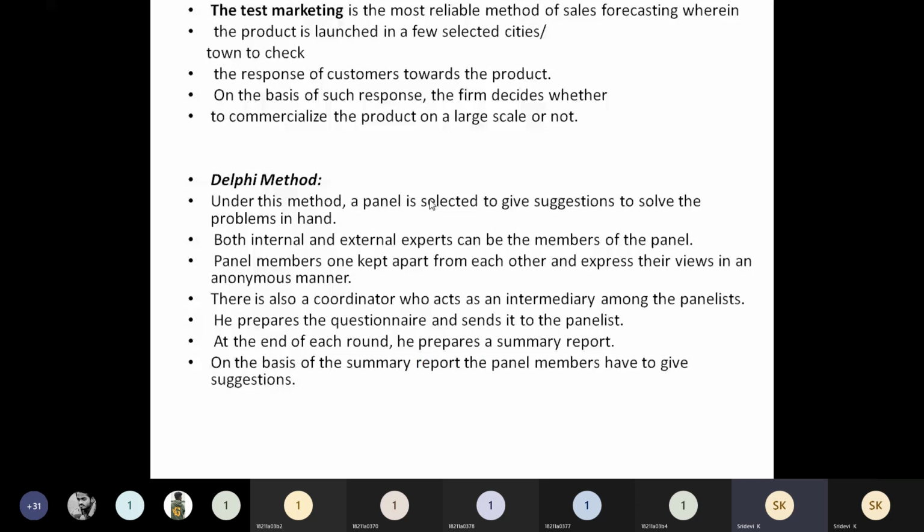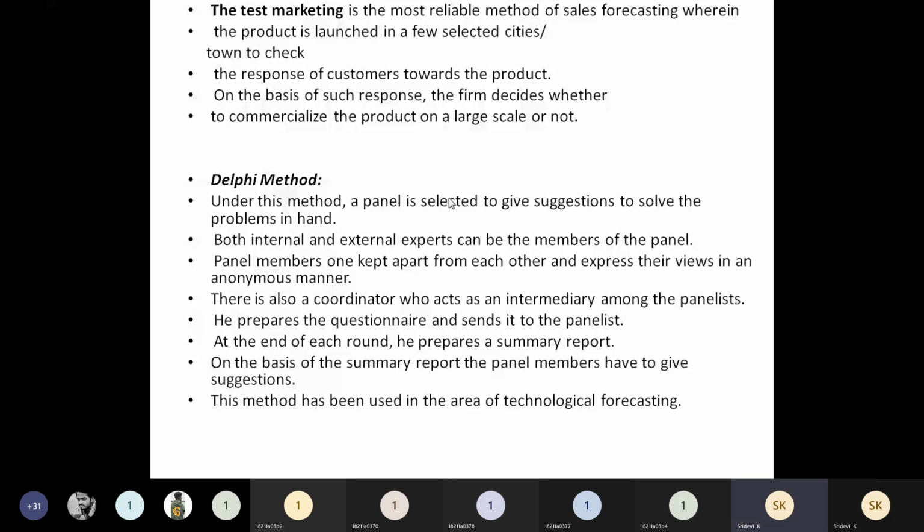And a conclusion on sales, how the sales are going to increase or decrease, is based on these views and suggestions in the summary report. They will come to a conclusion on how the sales are going to be affected. So in most areas, like technological forecasting, this type of Delphi method is used.